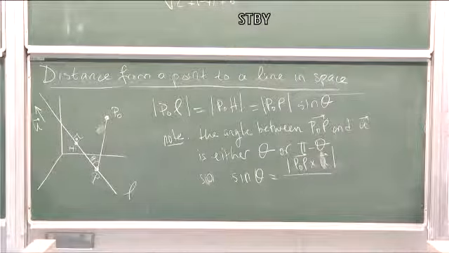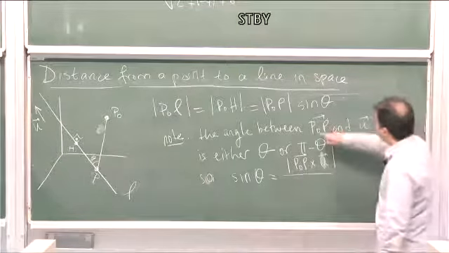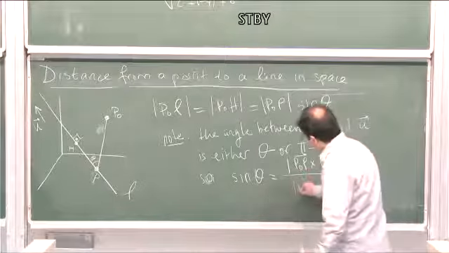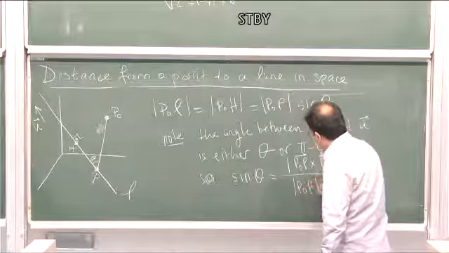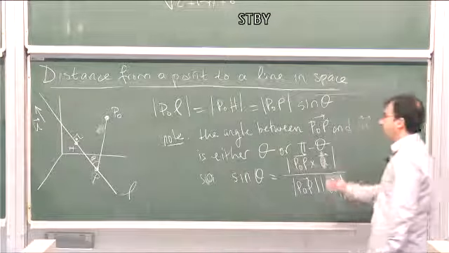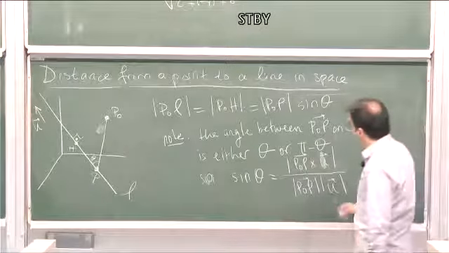So sine theta is equal to the length of the cross product of P0P and U, divided by the length of P0P times the length of U. We had such a formula, if you remember.